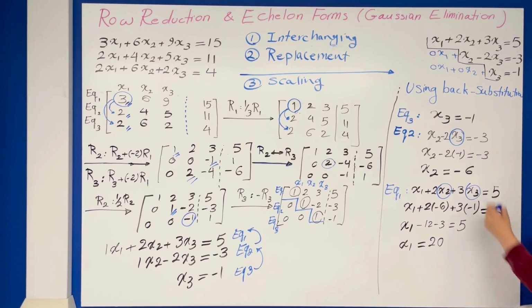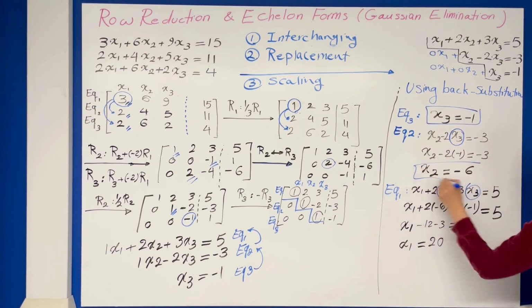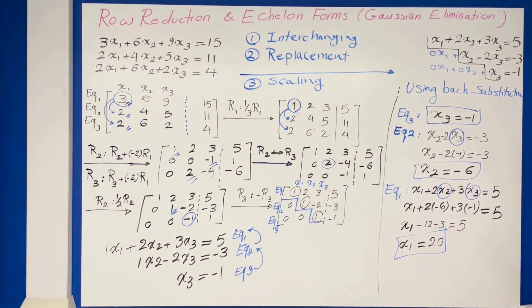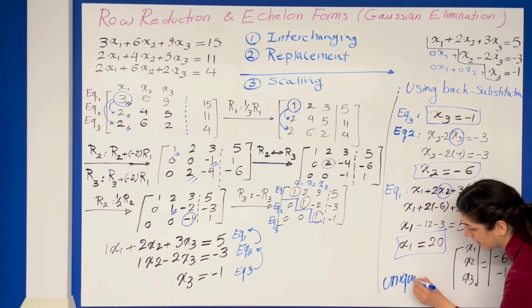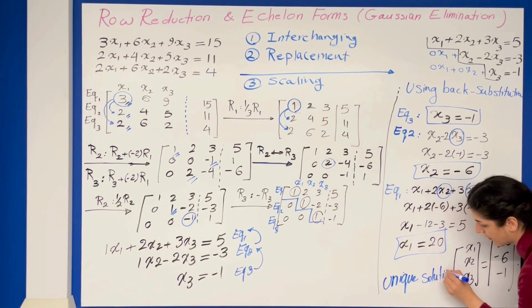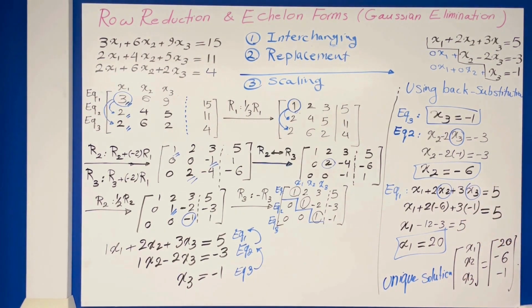Okay. Now I got the solutions for all variables. I put them all together in one single column. So x1, x2, x3 is equal to x1 is 20, x2 is minus 6, and x3 is negative 1. And that's our unique solution of the system. Okay.